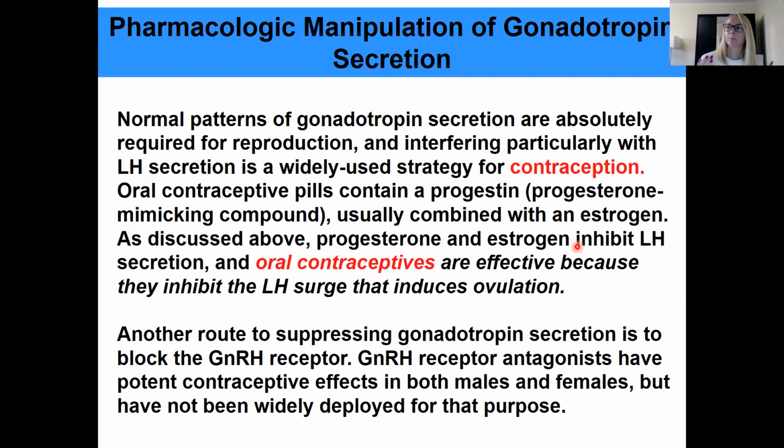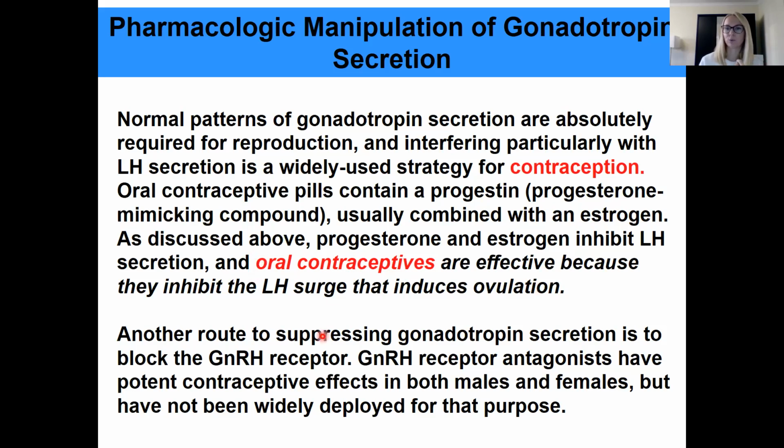By knowing the effects of these two hormones and the mechanism of controlling their concentration in our blood, we can use it in pharmacology. So we can use this in oral contraception.